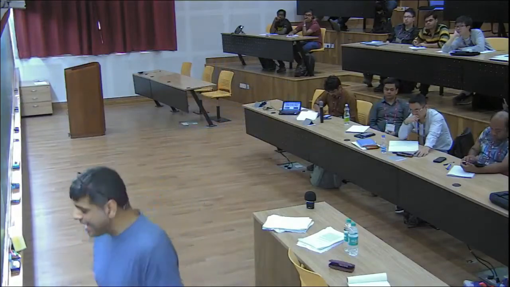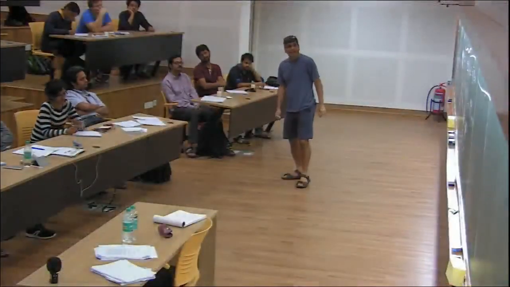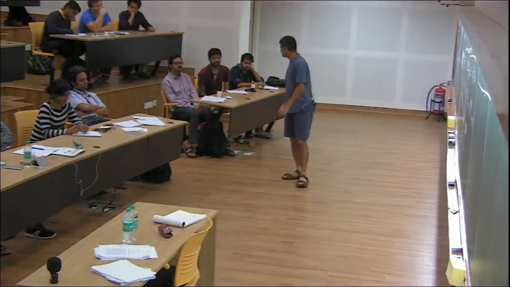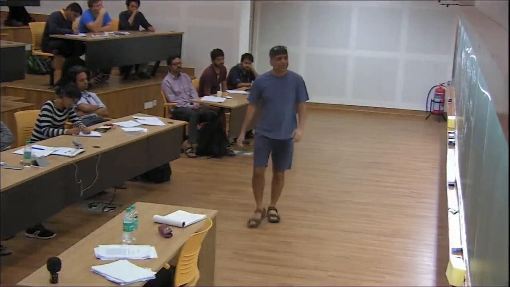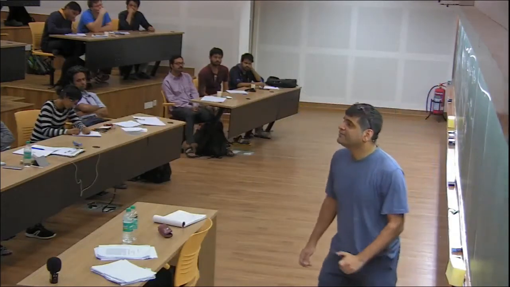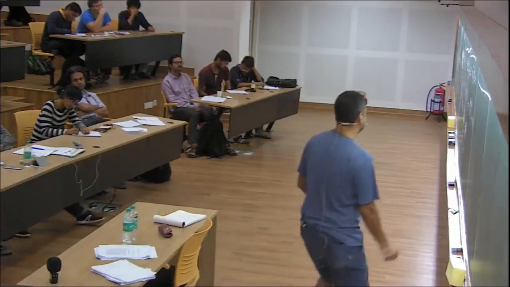Okay. Now, the next question I'm going to ask is the following. Can we write the action of supersymmetry? Can we write down the action of supersymmetry as some sort of differential operator on this field X? Okay? So what do I mean?